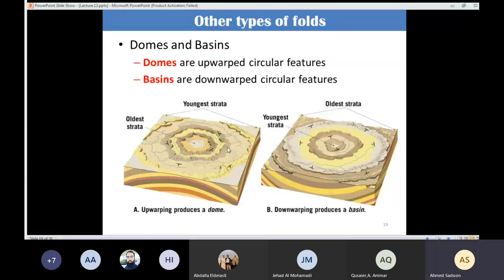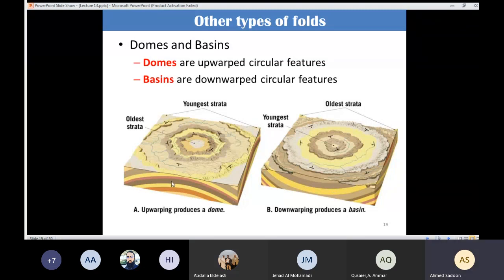Like you can see here, you have anticlines according to the layers of the rock. We have anticlines, and here we have synclines.